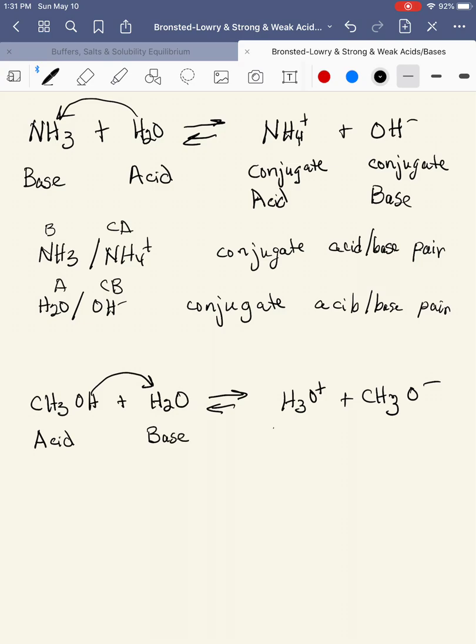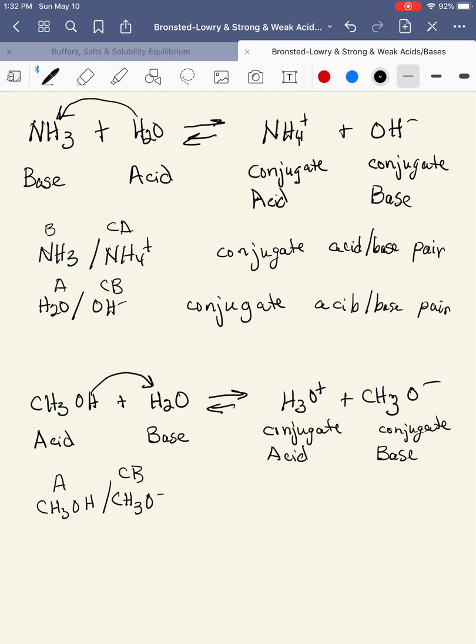H3O plus is the conjugate acid. CH3O minus would be the conjugate base. So CH3OH is the acid, and CH3O minus is the conjugate base, and our base is H2O, and our conjugate acid is H3O plus.